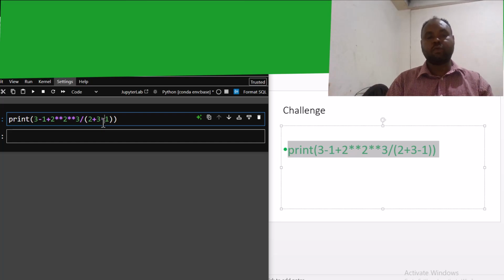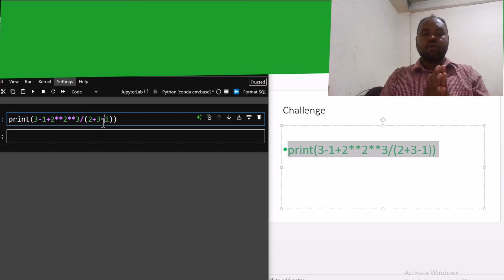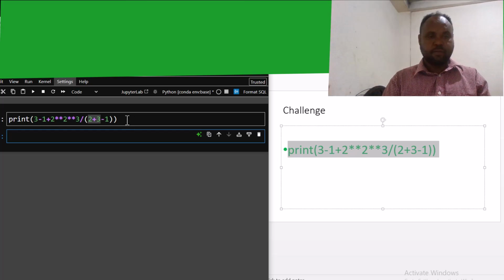So what we need to do is evaluate the expression in parentheses first. Even within this parenthesis there is a trick. Addition and subtraction have the same precedence, so we follow left associativity. First we add 2 plus 3, then we subtract 1, which gives 4, right? Then we come up with this result, 4.